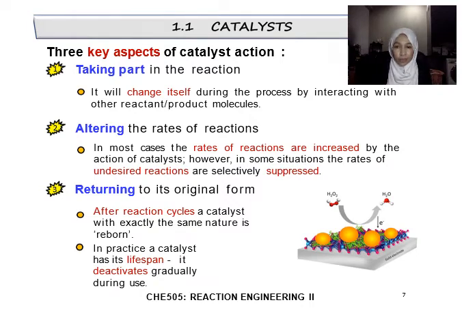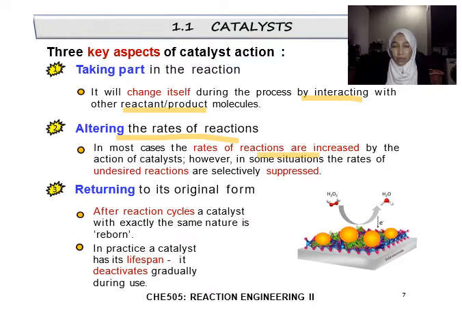Basically, what happens when a catalyst is involved in a reaction? First, the catalyst takes part in the reaction, in which it interacts with a reactant or the molecules inside the reaction. Once it reacts with the reactant, it alters the rate of reaction, in which maybe it will increase the rate of reactions.